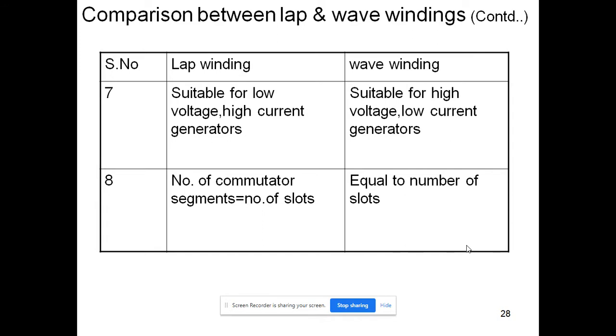And these lap windings are suitable for low voltage high current generators, whereas the wave winding is best suited for high voltage and low current generators.